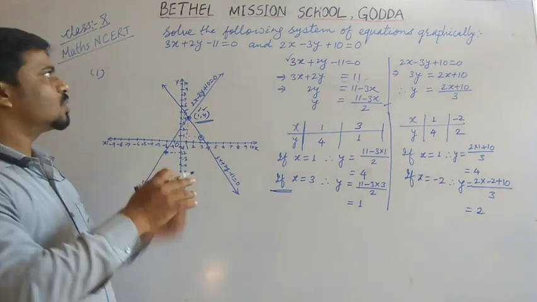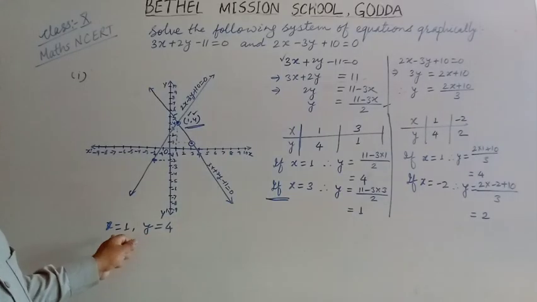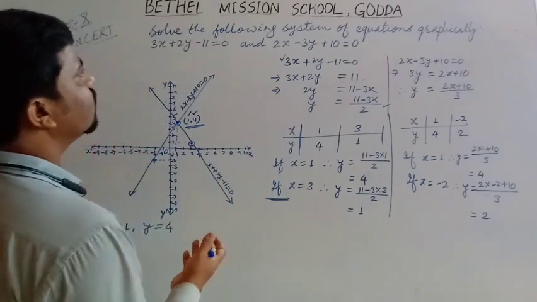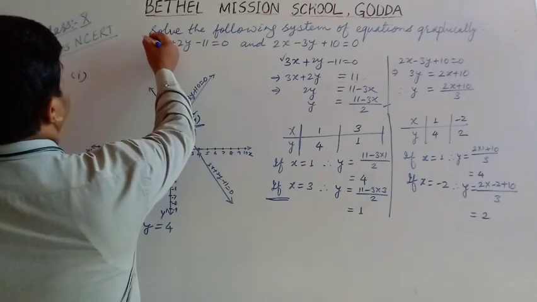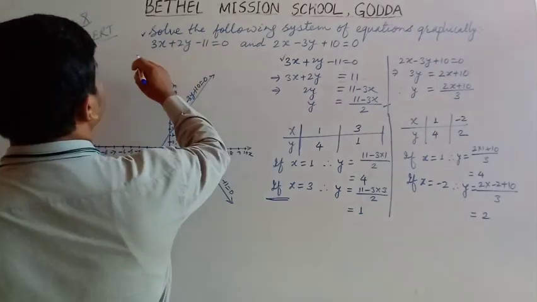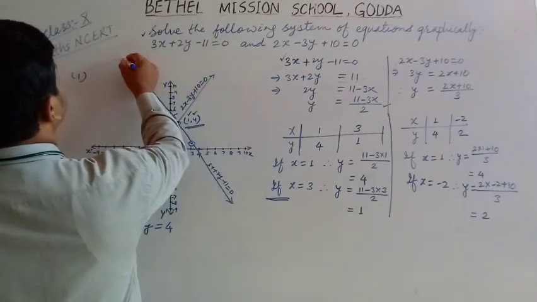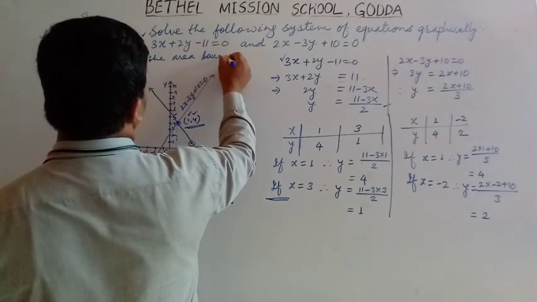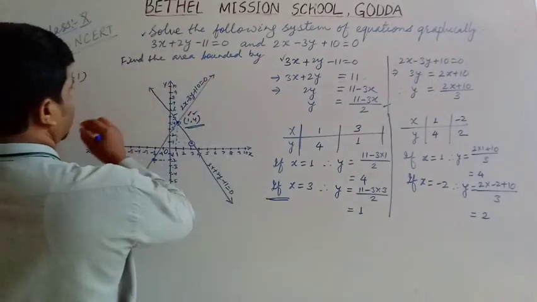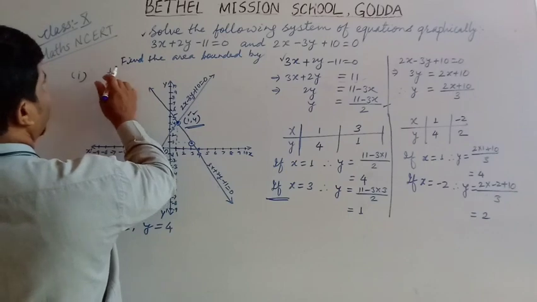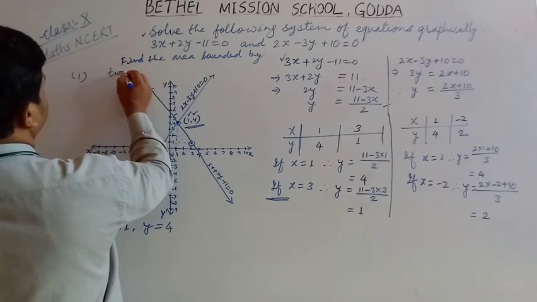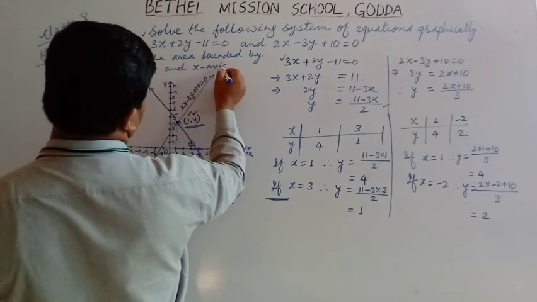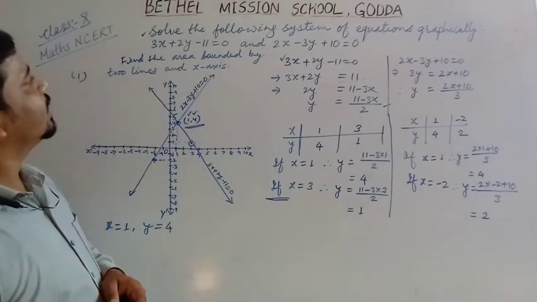Now, another type of question you can face, where something will be added in this question, and that is: find the area bounded by the 2 lines and the x-axis.